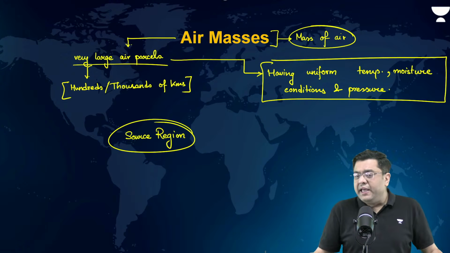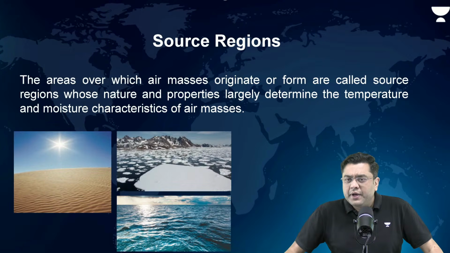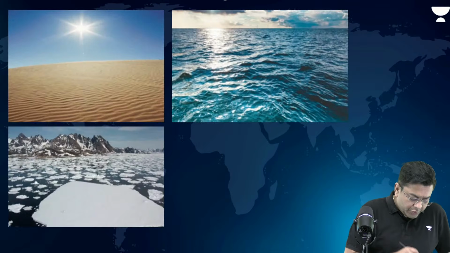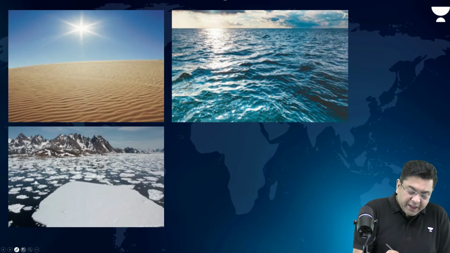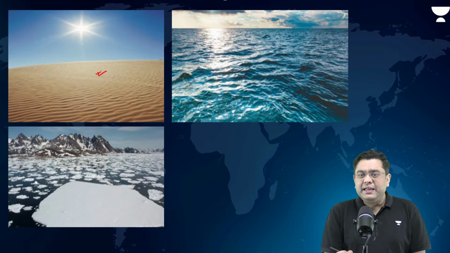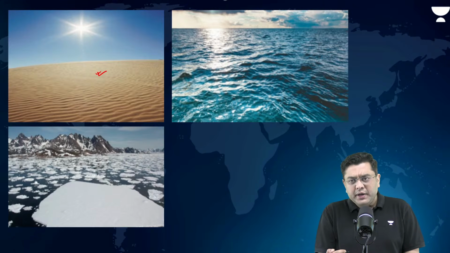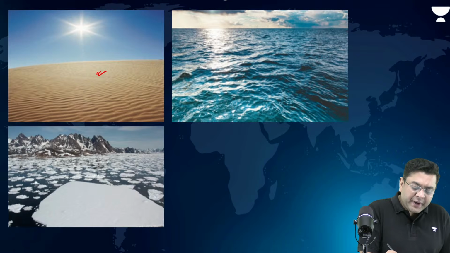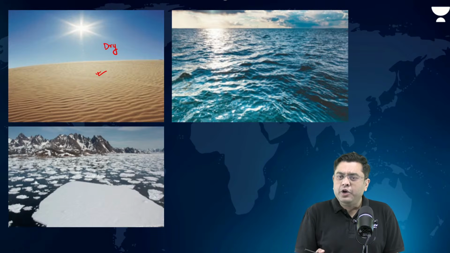Now, why will the air have different conditions? Suppose you take these examples. If you are standing here, the air naturally will be warm, isn't it? It will be warm, it will be dry, moisture level will be very low.